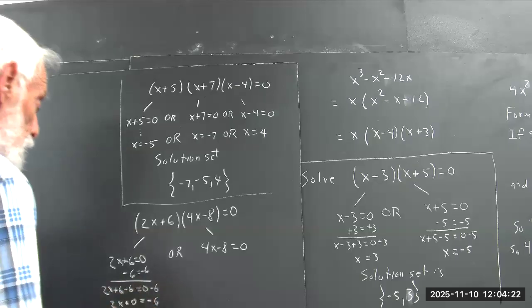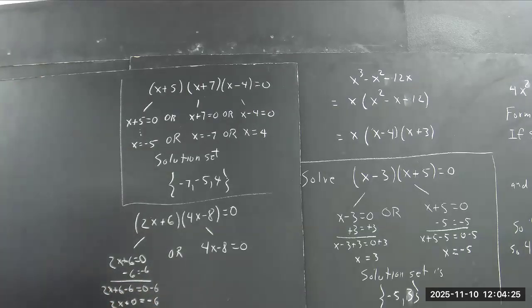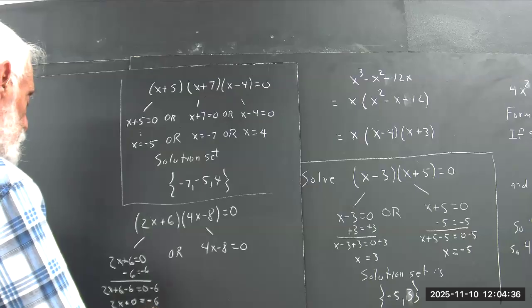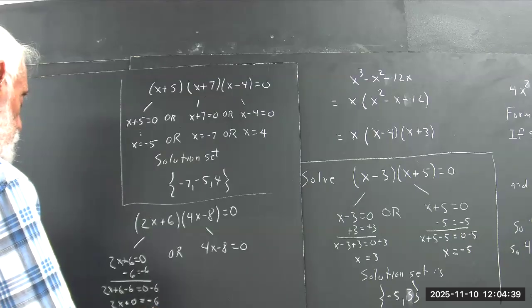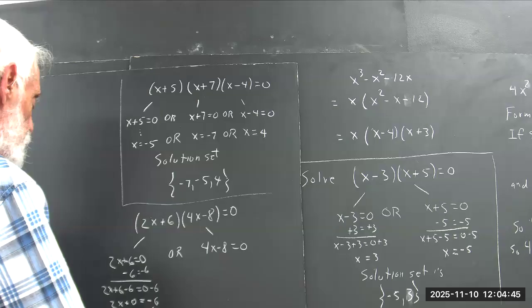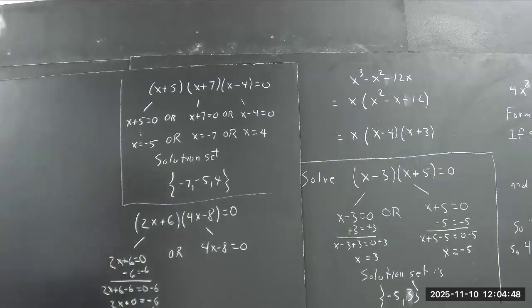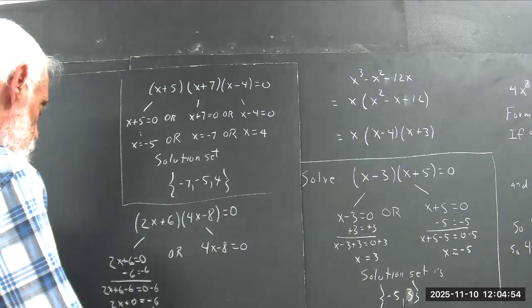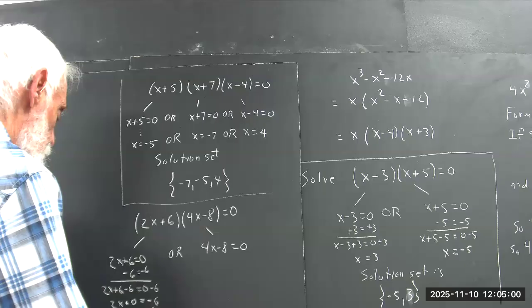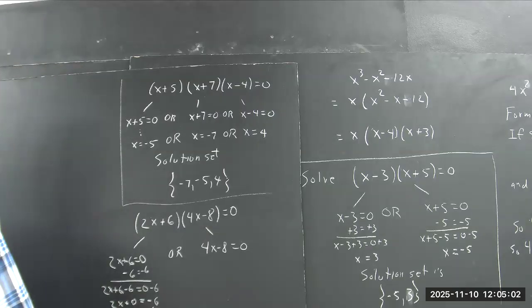If you add 0 to -6, you're not adding anything, you still have -6. Then you have 2x equals -6, so dividing by 2, x equals -3.